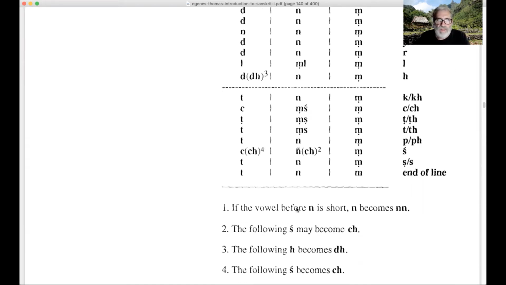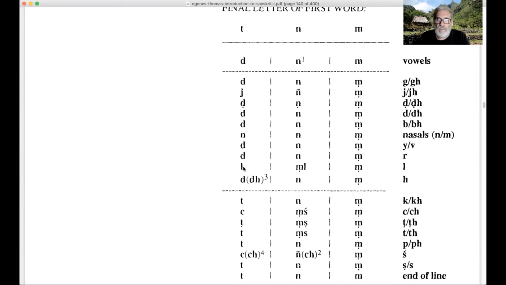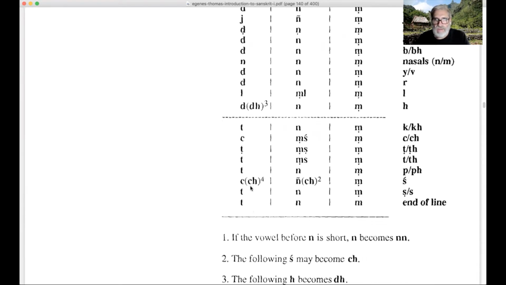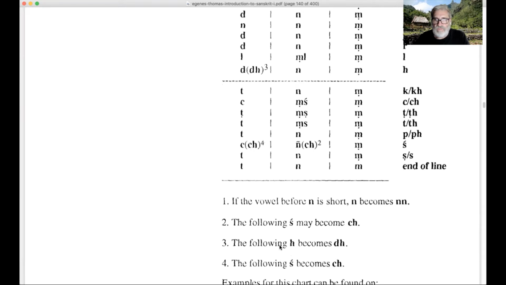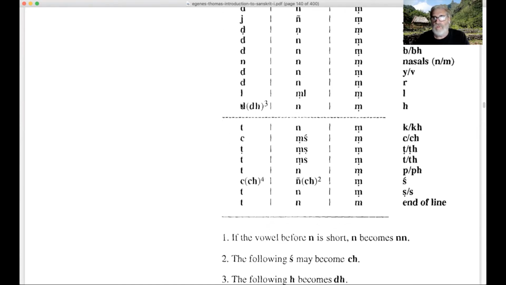Okay. So then the third superscript that we have over here has to do with the dental D followed by H, the aspirate. If we have a word ending in a dental D, and the next word begins with an H, it means the following H becomes DH. So the D remains the same at the end of the first word.